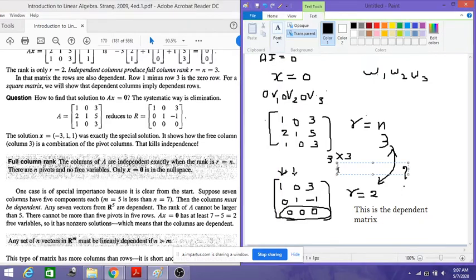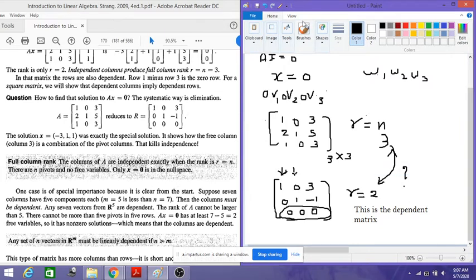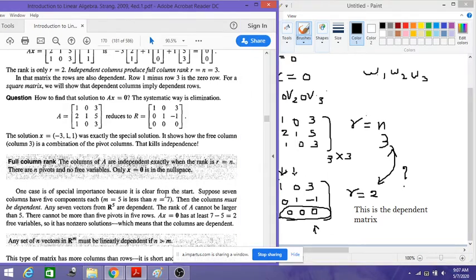In this example we have two pivot columns, the first and second columns, whereas the third column is a free column. The definition of linear independence says there should not be any free variables or free columns, so that only x equal to 0 is in the null space.